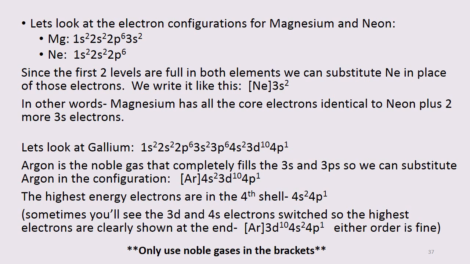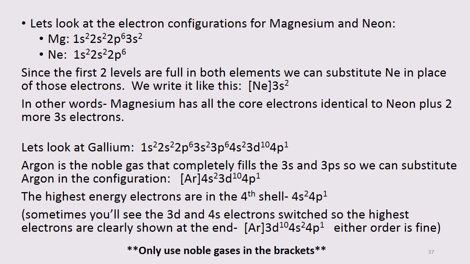So we can put neon in brackets, and we just say, okay, magnesium has everything neon has plus a 3s2. So we put the brackets with neon and then write 3s2. And that is called the noble gas configuration of magnesium. So instead of writing the whole thing out, all we have to do is put the last electrons that show up after the previous noble gas.